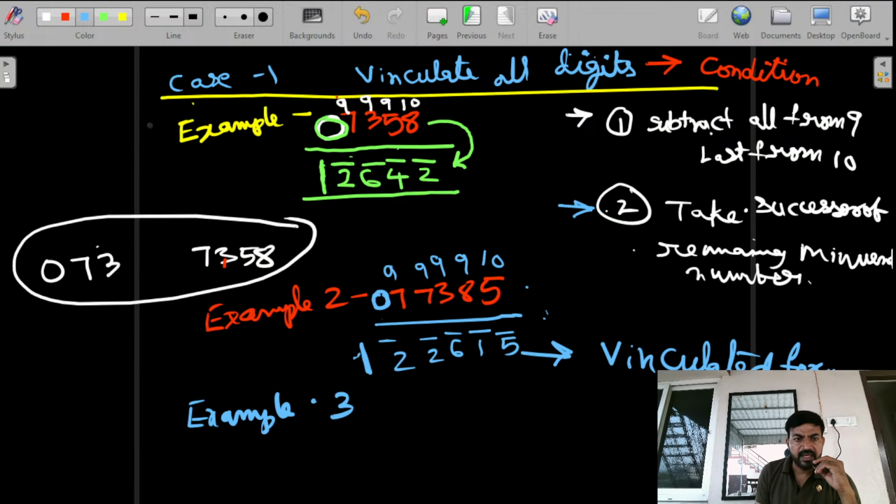Example 3, vinculate 78,967. That means you have to apply all from 9, last from 10.